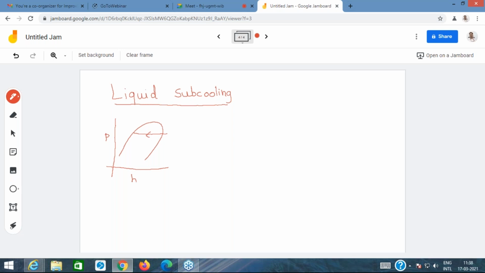So in this, this is 2, this is 3. When the condensation ends on the saturated liquid line, there is no subcooling. But when you are talking about liquid subcooling, it means that the temperature at the exit of the condenser is below the saturation temperature. So this is 3 dash.